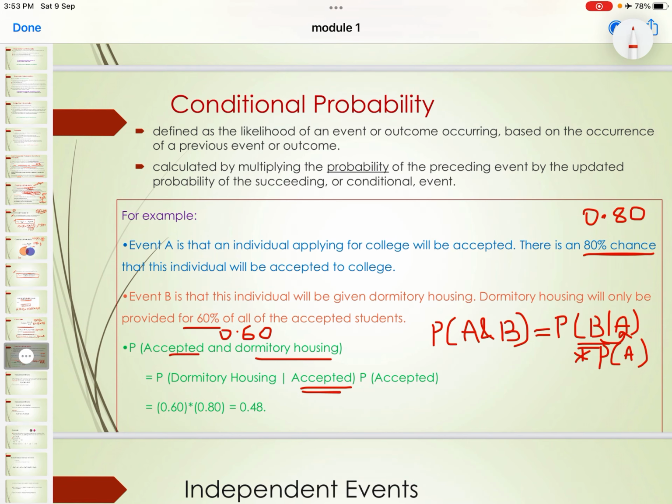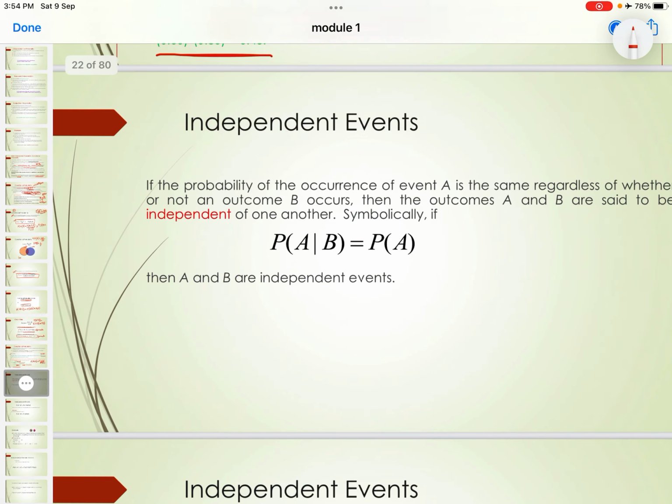It will depend on whether the student is accepted or not. So dormitory housing given accepted into P of accepted. So that is 0.60 into 0.80, you get 0.48. So this was an example.